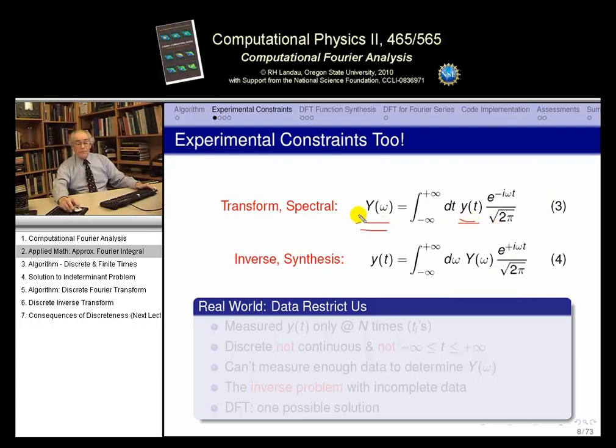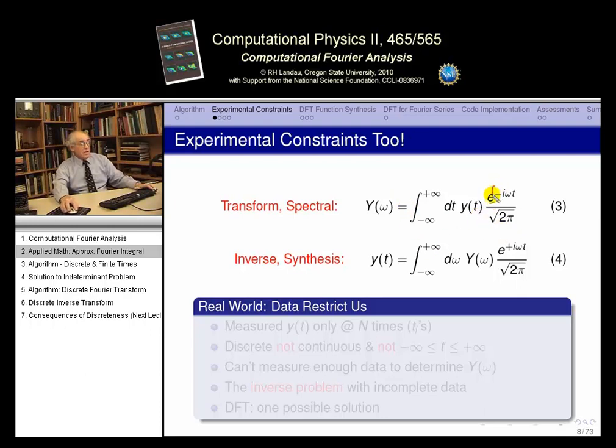Its transform is capital Y of omega. And then the inverse transform, or the synthesis, is the way we resynthesize the function we started with. So we take the transform, we integrate over that, and if you look at these two equations, you realize, wow, this is pretty nice because they're very much the same equation. Obviously, whatever mathematics we're using for one, we could use for the other.